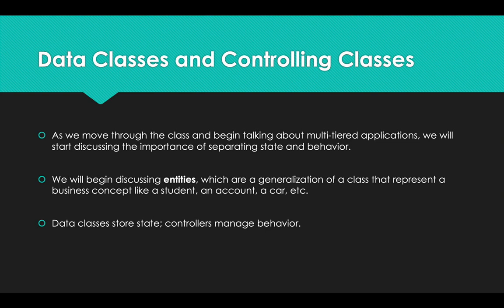So while historically we've talked about classes as containing both data and behavior, we're going to walk down a path where classes can have different roles. We're going to call those classes that store state data classes. These are going to ultimately grow up to be entities that are persisted through Entity Framework. We also have controllers that are going to manage the behavior of those entities. One of the things we're going to focus on pretty heavily near the middle toward the end of the class is building REST API web services.